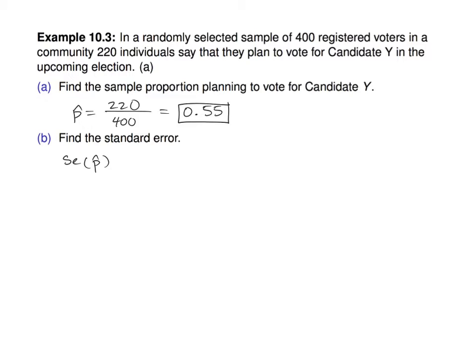Standard error. Okay, so the formula for this was the square root of p hat times 1 minus p hat over n.